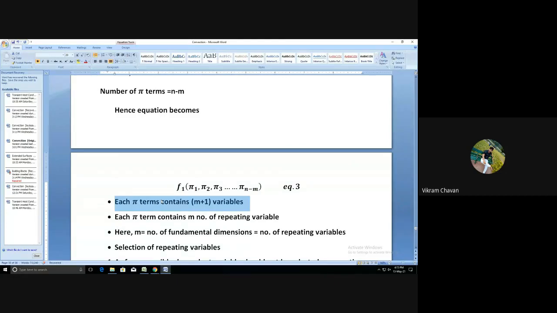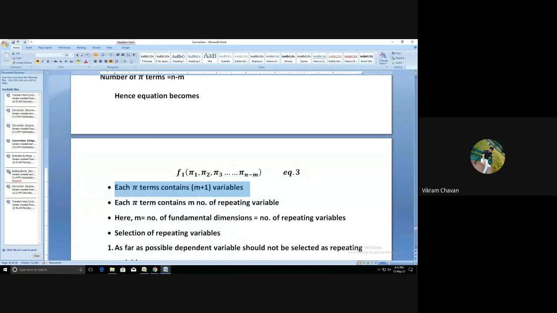Each pi term contains m number of repeating variables.